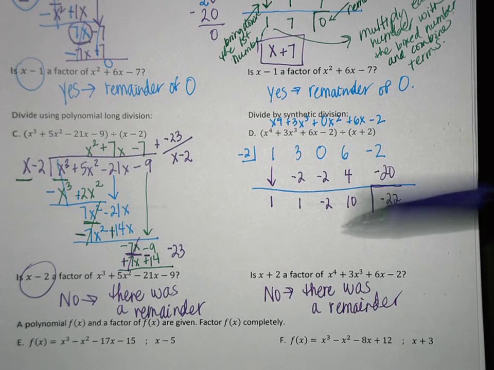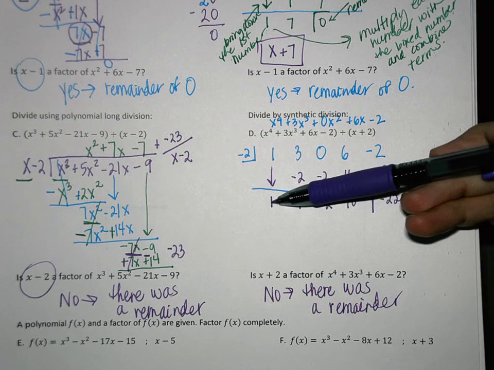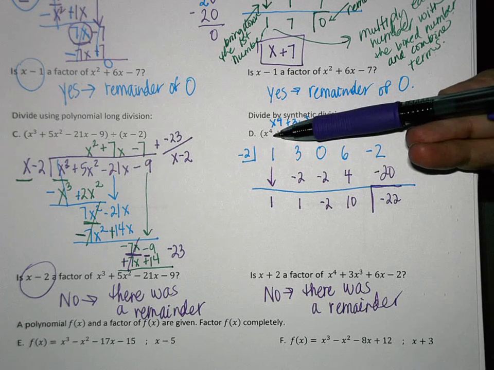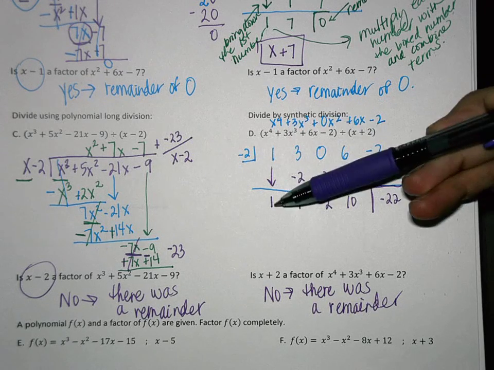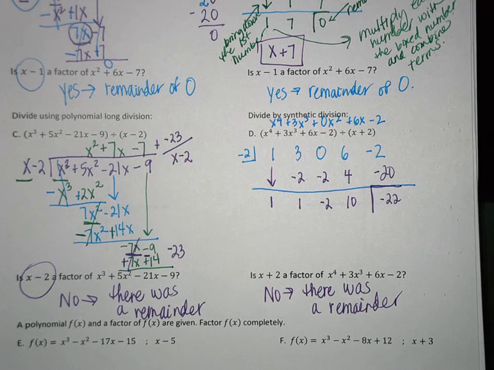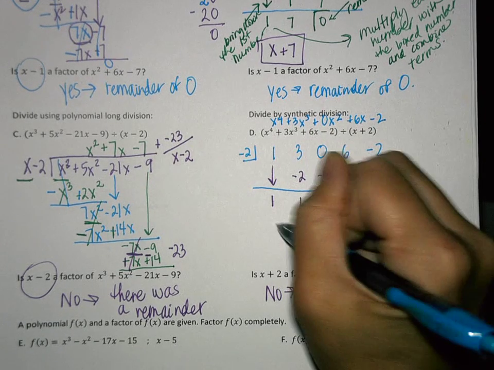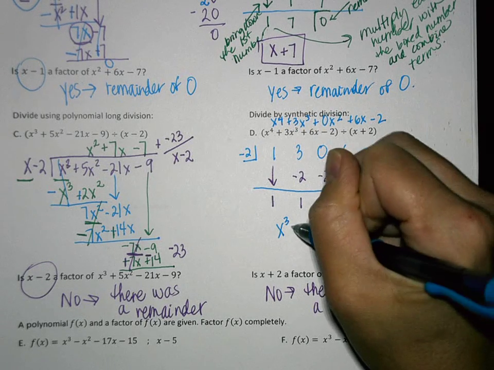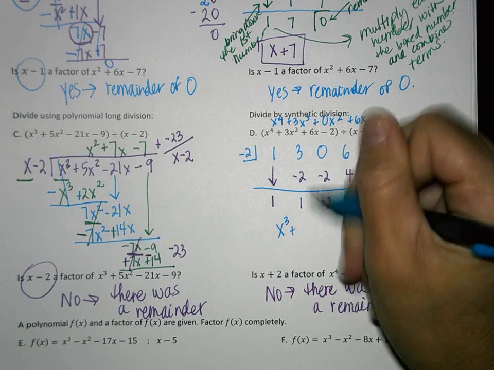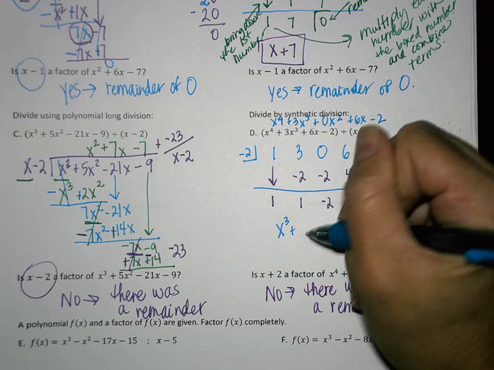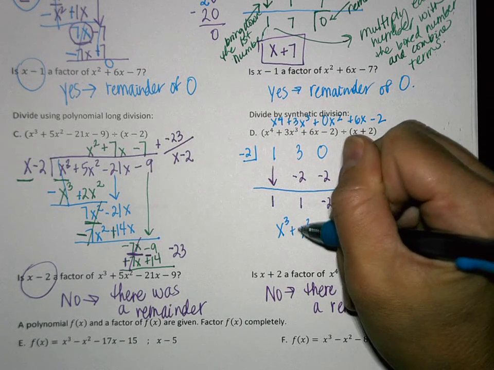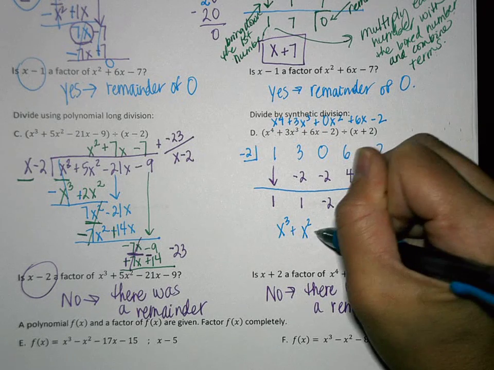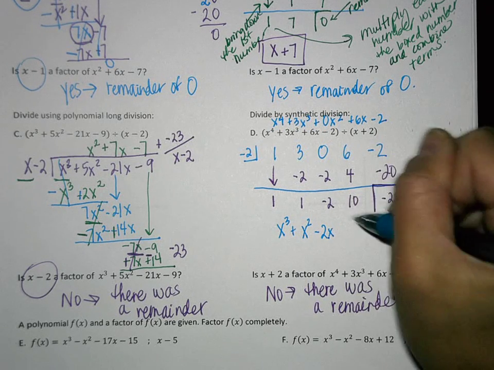And so we always start, this is my coefficient of my first term, but we go 1 less than this. So it's not going to be x to the 4th. My answer is going to be x to the 3rd. So it's 1x to the 3rd. Plus, because it's a positive number, right? x squared, and you could put a 1 there if you want to, 1x squared, and then it's going to be minus 2x, and then it's going to be plus 10.